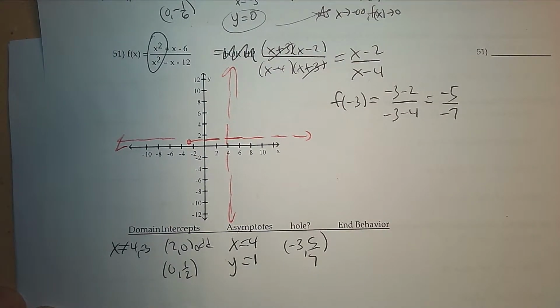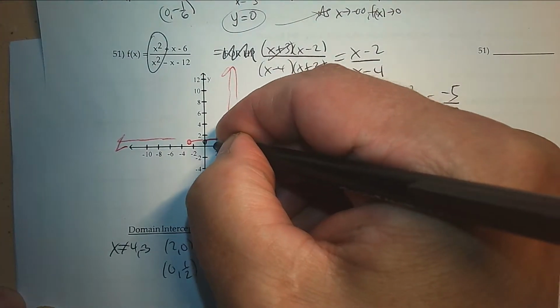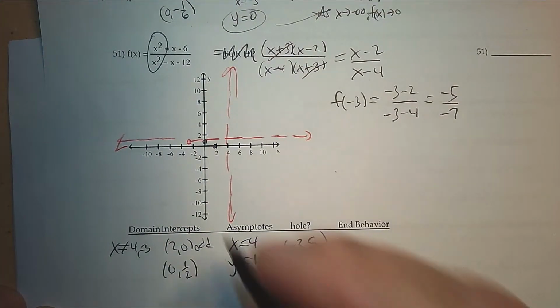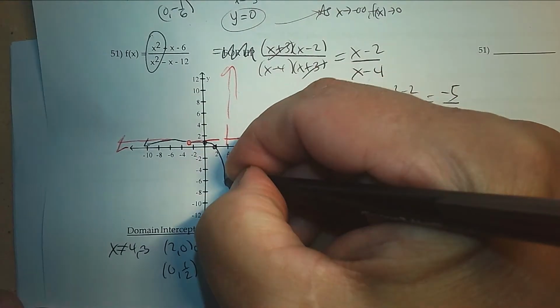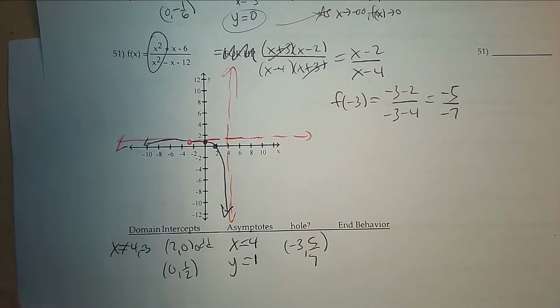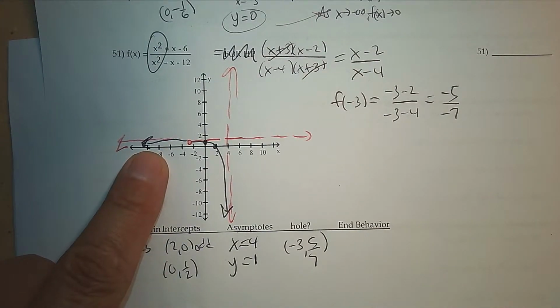So let's fill in some other things. We have a y-intercept and an x-intercept. And you can see how the hole and the 2 points guide us into the curve. So at the vertical asymptote, it's going to negative infinity. The left end behavior and the right goes to positive 1.